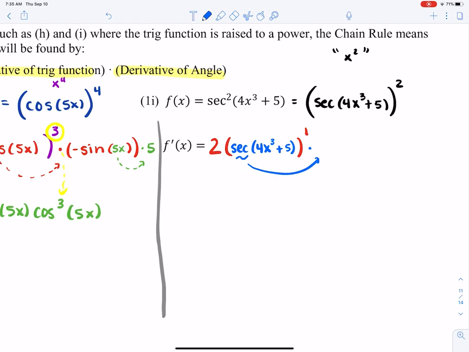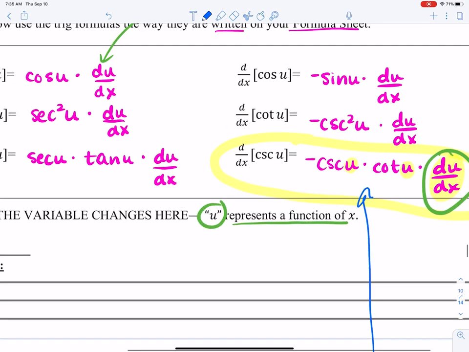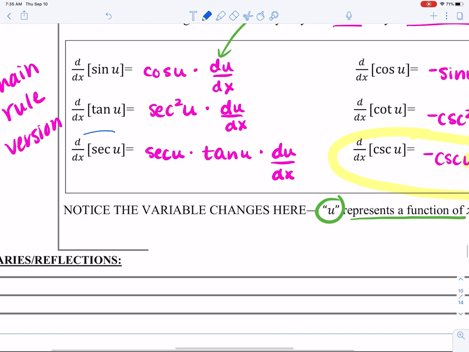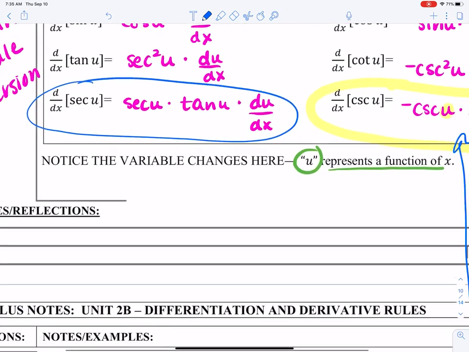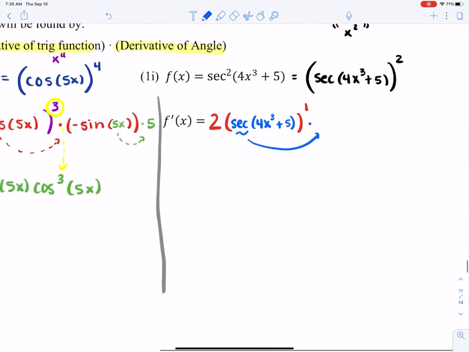Now, careful. Go back up and look. The derivative of secant is secant tangent. So I'm going to have two pieces here. So I'm going to have secant of stuff and tangent of stuff. Well, what's the stuff? Leave the inside alone. Don't touch it.